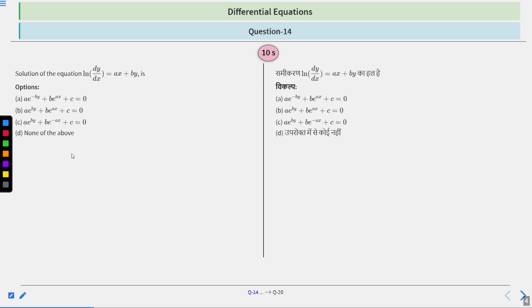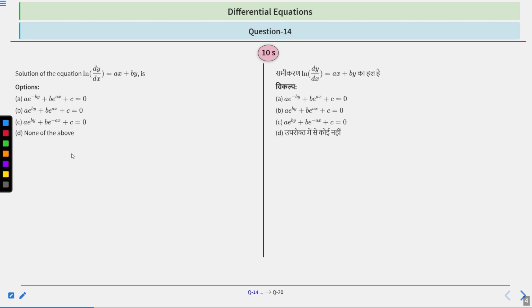We will put y terms on one side and x terms on another side, and after that we will integrate both the sides to calculate the solution of this differential equation. So in this way, you can try to approach this question.